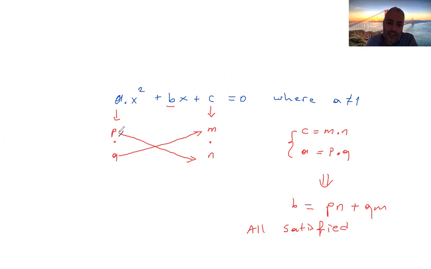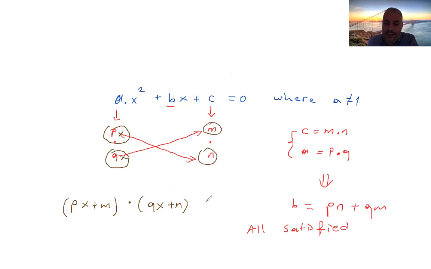X squared means x and x. When we write, be careful, px plus m, not px plus n, px plus m times qx plus n equals 0. We write like this, okay?